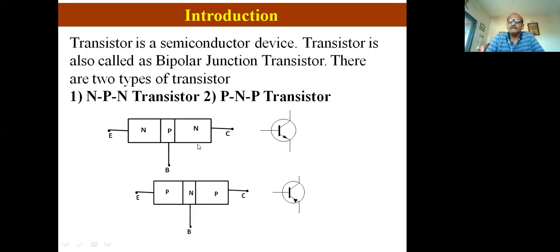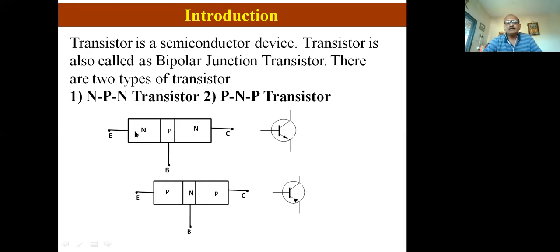The resulting device is called an NPN transistor. Similarly, in a PNP transistor, thin N-type material is sandwiched in between two thick P-type semiconductor materials. The resulting device is called a PNP transistor.